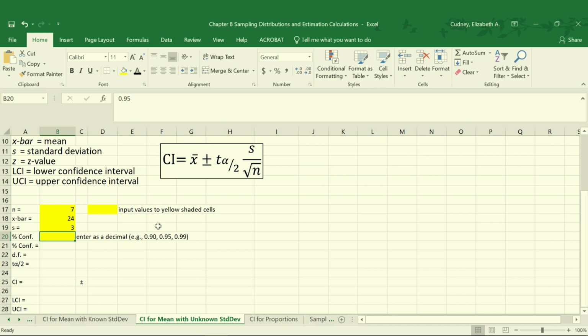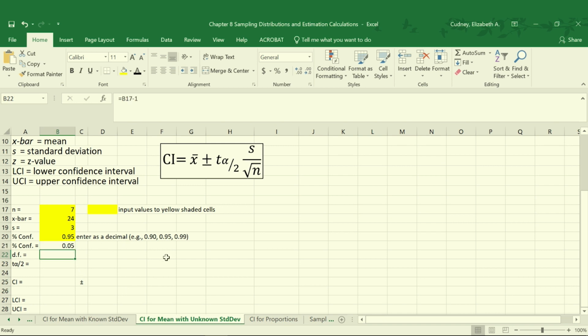So this calculation will be slightly different because we're using the t distribution. So here we're going to enter a value as a decimal. In this case, we're solving for the 95% confidence interval, so we're going to use a value of 0.95. We're going to calculate the percent confidence that we're looking for, so that's our 1 minus 0.95, or 0.05, that we're going to use in our equation.